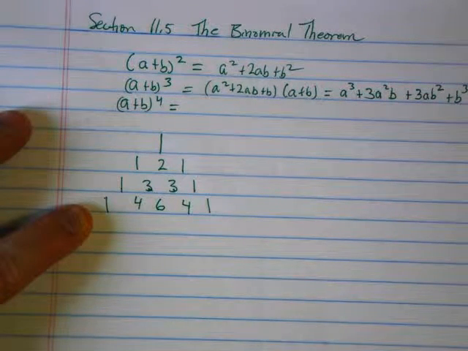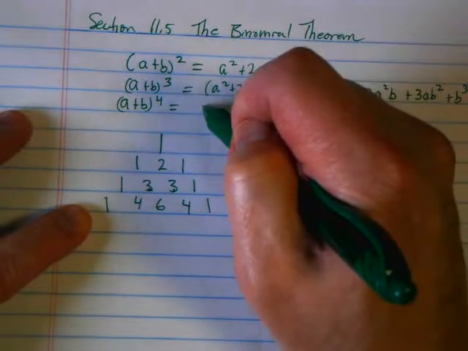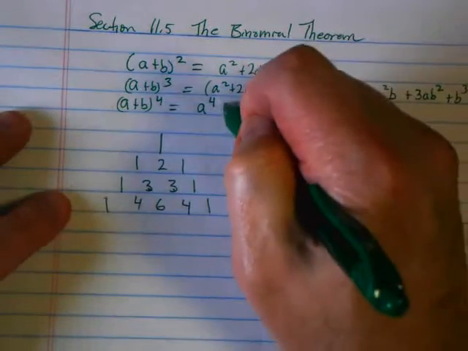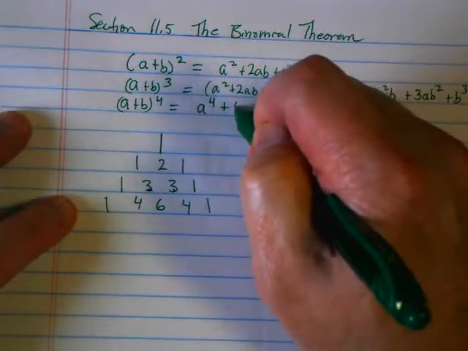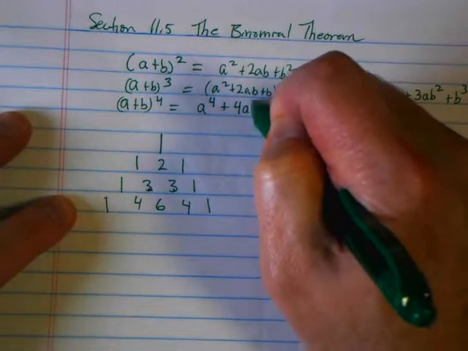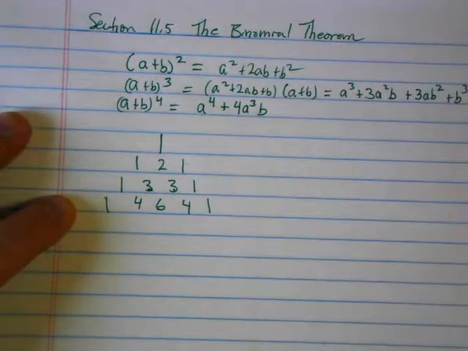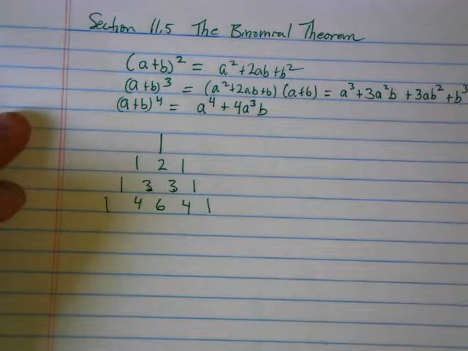You're going to start with 1a to the 4th. So it always starts with the a to the 4th. Plus, the next one's going to be 4. The power on the a goes down. The power on the b comes up. So 4a cubed b.